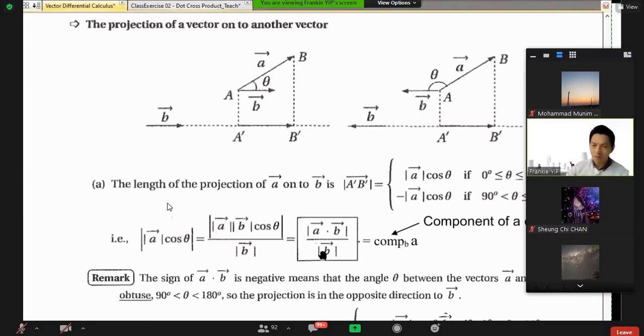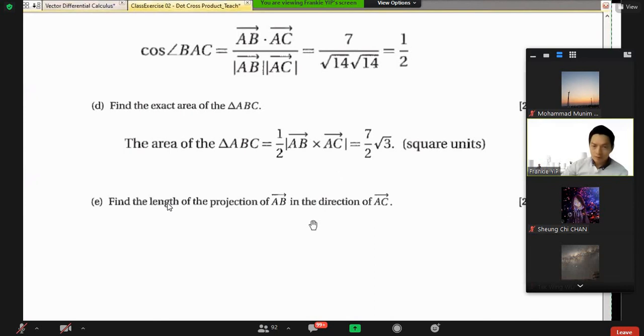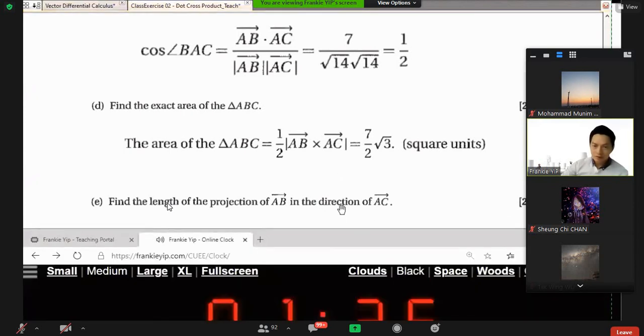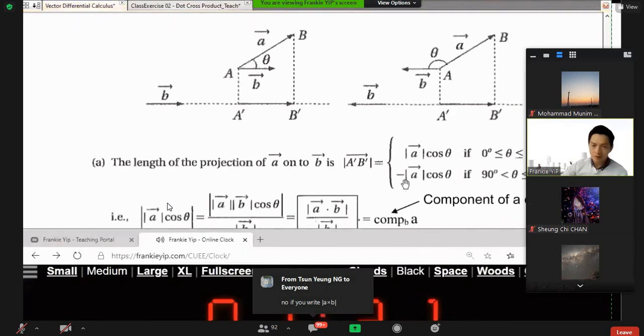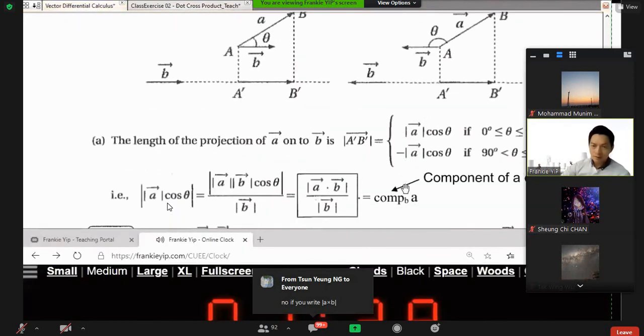But for the lower part, this is the magnitude. Got it? So by making use of this, you can calculate the answer. Okay, try this. Now you are going to calculate this one, based on this formula.